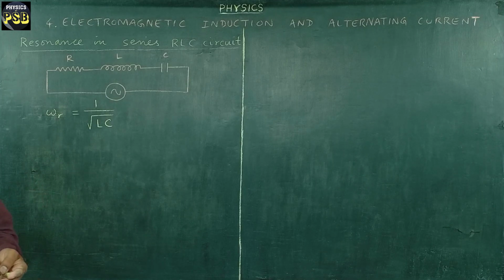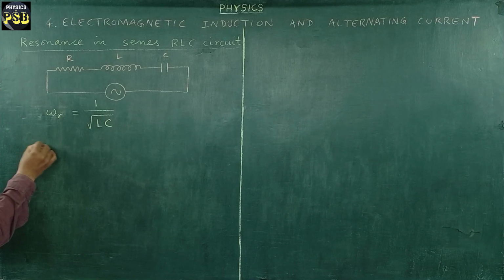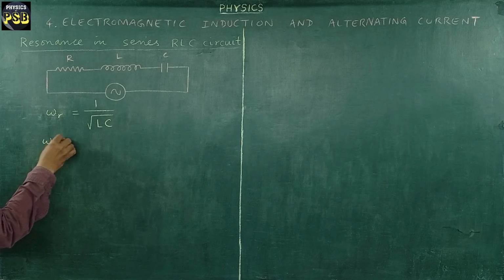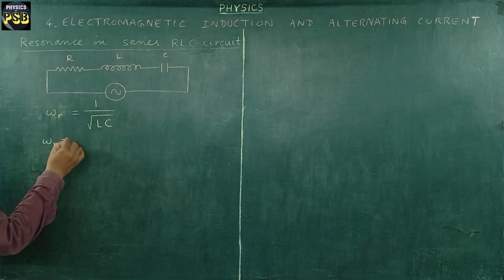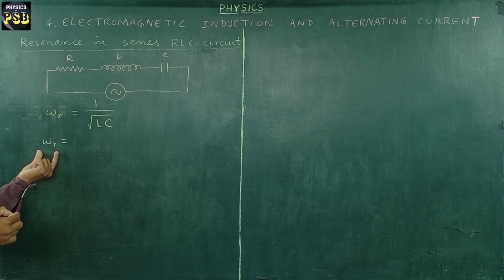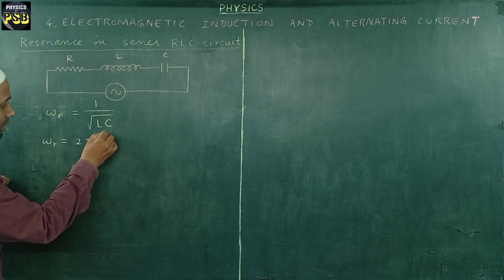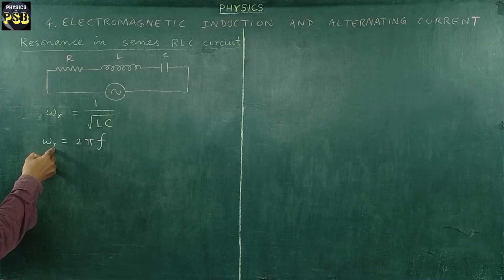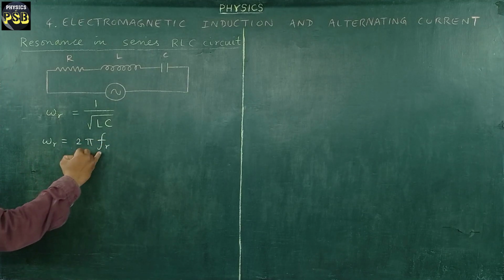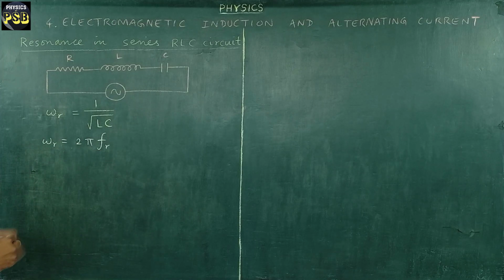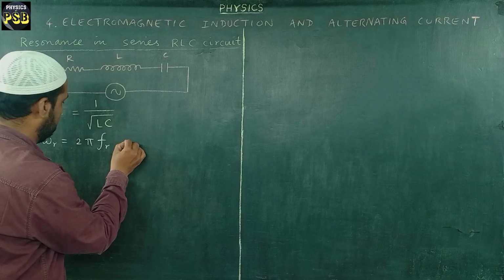Now, we know here omega R can be related with the frequency as 2 pi f. Here I have used R, so here also I use R. So this is the frequency and this one is the angular frequency. If I use this in the above equation, what will I get?